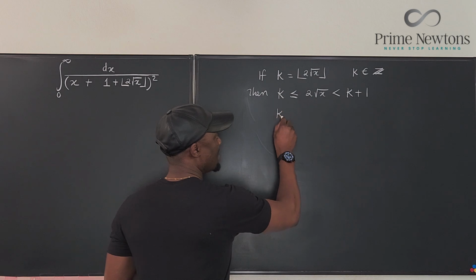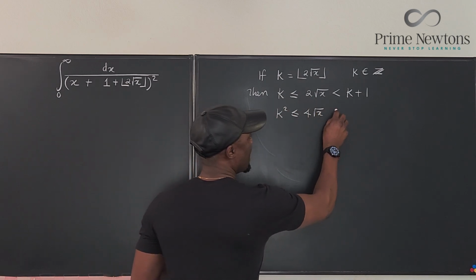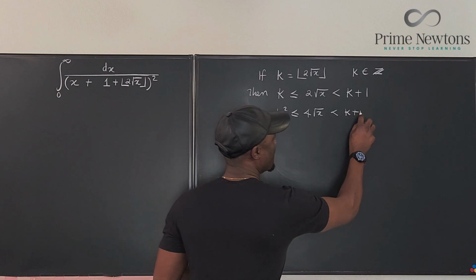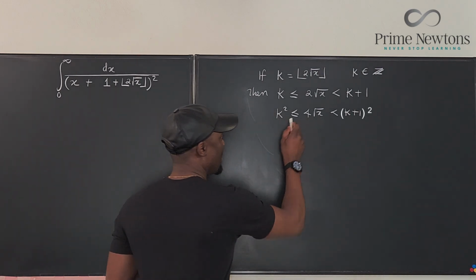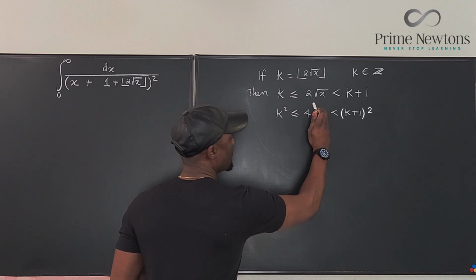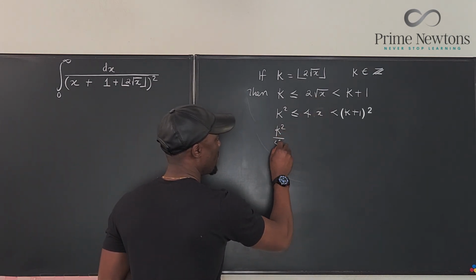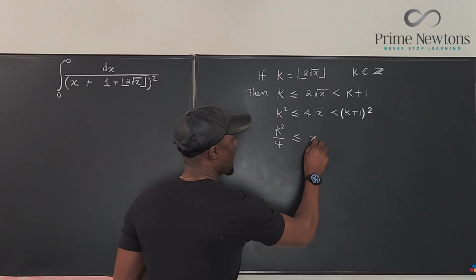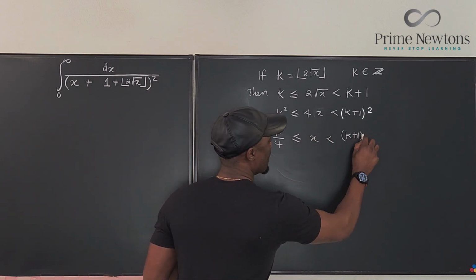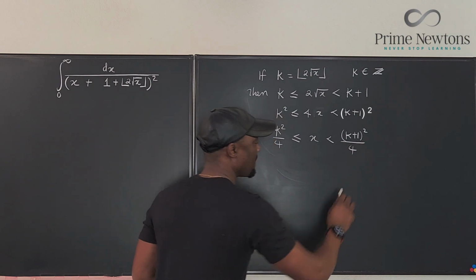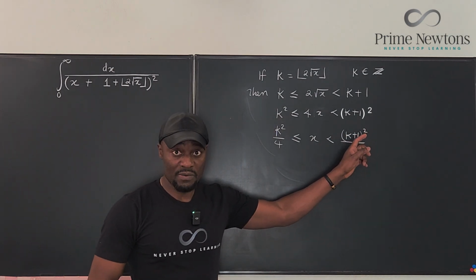We have k squared is less than or equal to 4x, and it's less than (k plus 1) squared. Now, dividing every portion by 4, what we have is k squared over 4 is less than or equal to x, and it's less than (k plus 1) squared over 4.